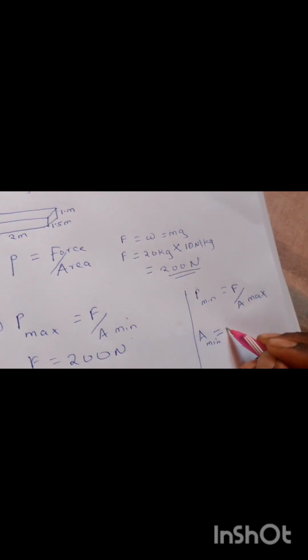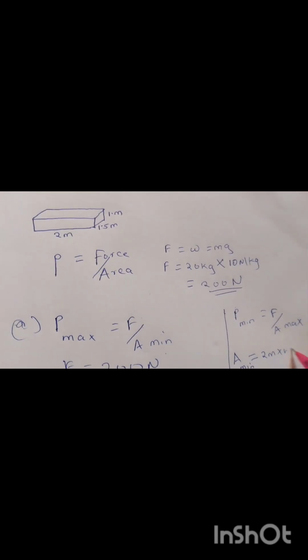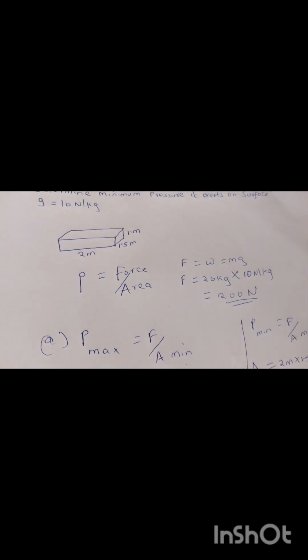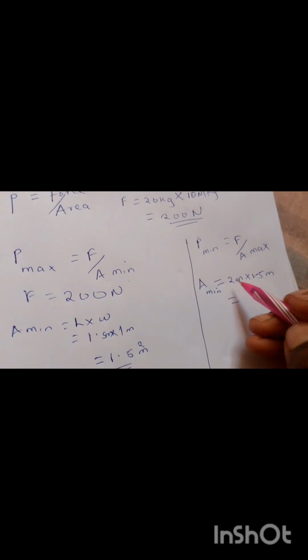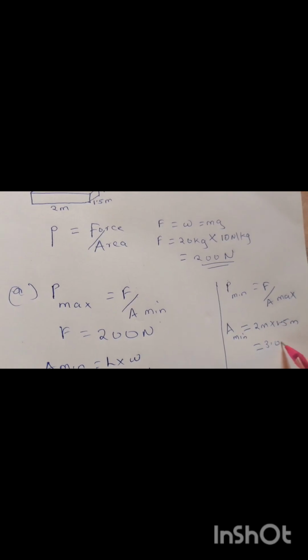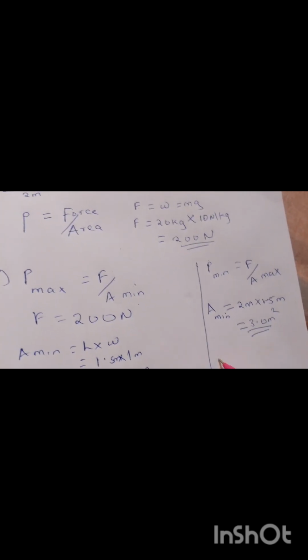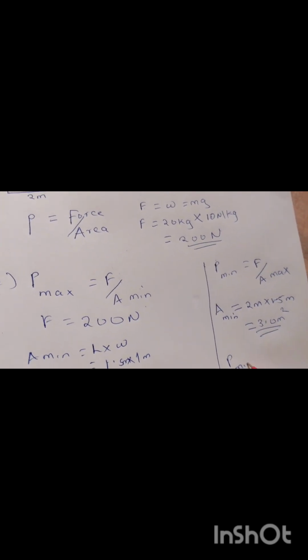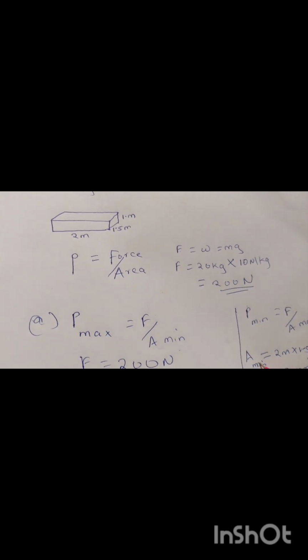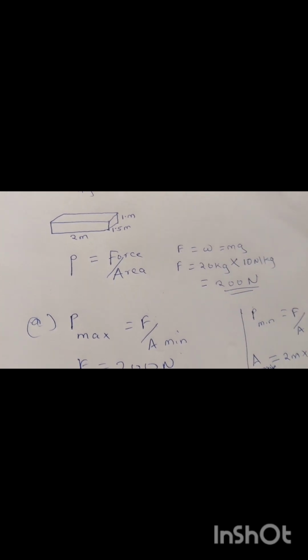So area maximum is equal to 2 meters multiplied by 1.5 meters. So you multiply 2 by 1.5, you get that it is 3.0 square meters. So this is our area maximum.